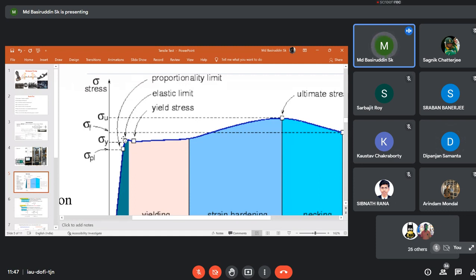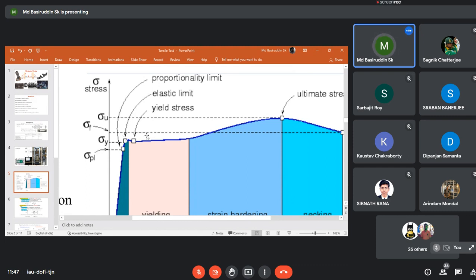In those cases, you need to mark a particular point from where you can say that the material starts to deform plastically, that means permanent deformation happens beyond a particular point. That particular stress you can define as the yield stress.